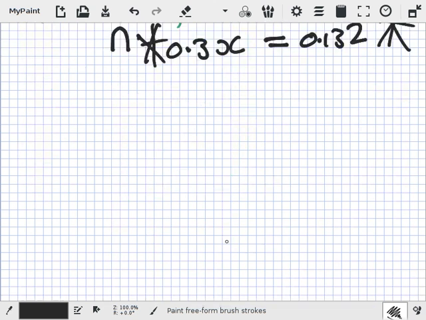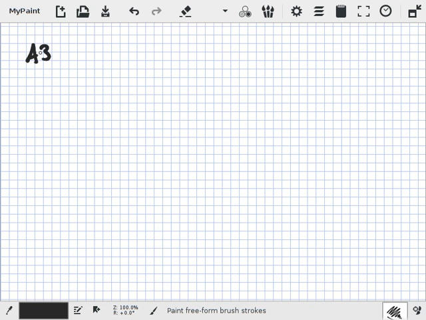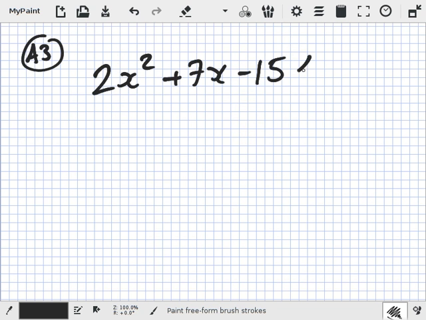Now, what about this one? This was question 3 in the final exam. 2x squared plus 7x minus 15 less than or equal to 0. What do we do here? How do we solve it?